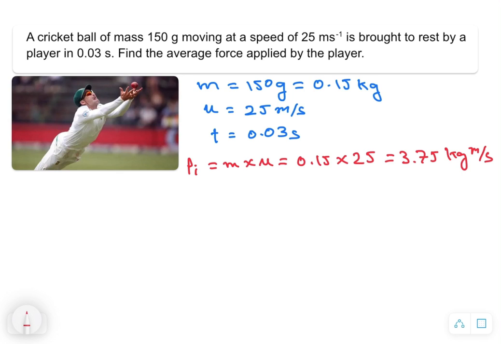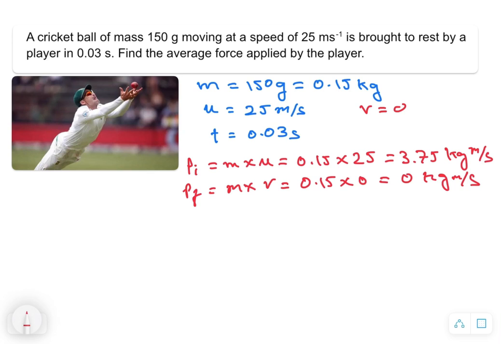Now let us calculate the final momentum. Final momentum will be 0 because the final velocity v will be 0. So final momentum is m multiplied by v is equal to 0.15 multiplied by 0, which will be 0 kg meters per second.